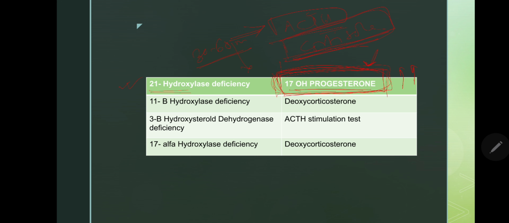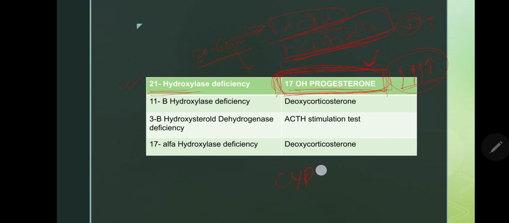In CAH, the cortisol level is decreased but the 17 hydroxyprogesterone level is high. ACTH mainly stimulates the production of cortisol, so if after giving ACTH the cortisol is not increasing, that means there is CAH. So you do the ACTH stimulation test to confirm the diagnosis, and after that the genetic study.